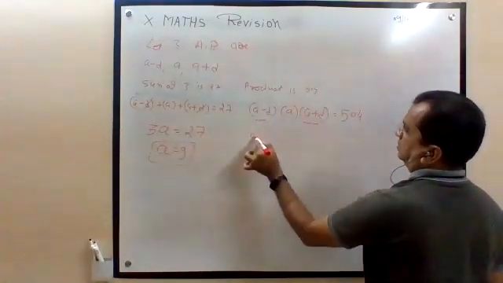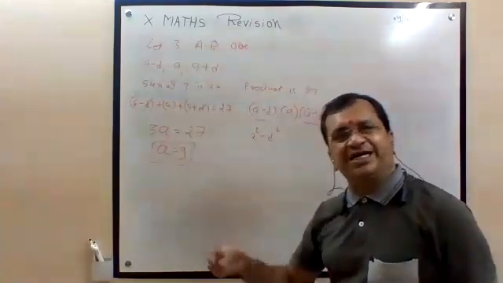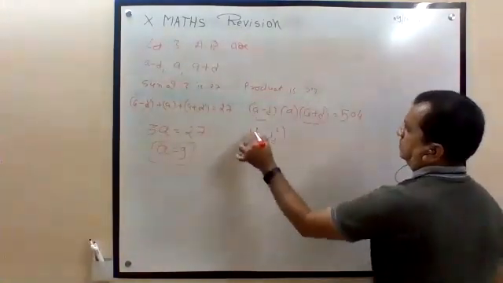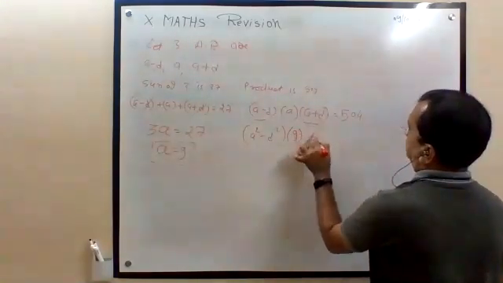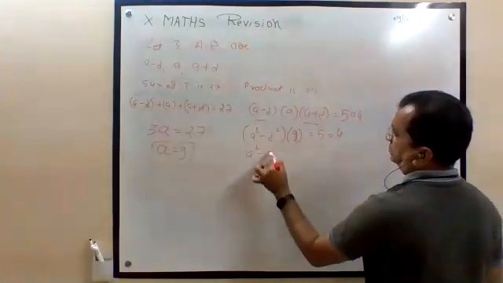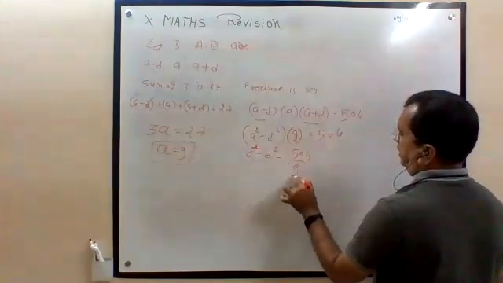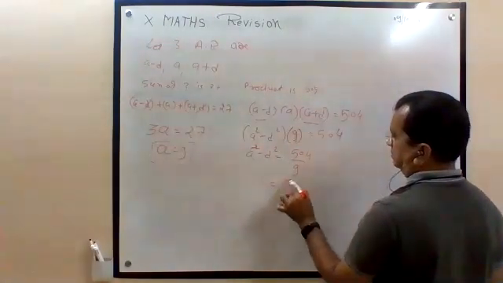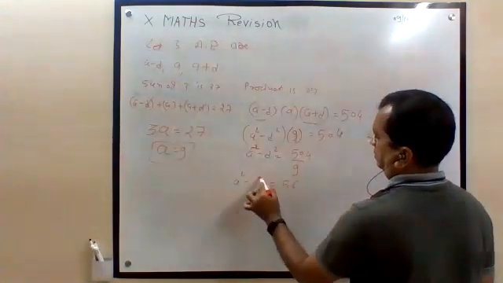Okay. So this into this, A plus D into A minus D means what? A square minus D square. A I will put here only, 9. So 504, then A square minus D square, 504 divided by 9 is 56. Correct.